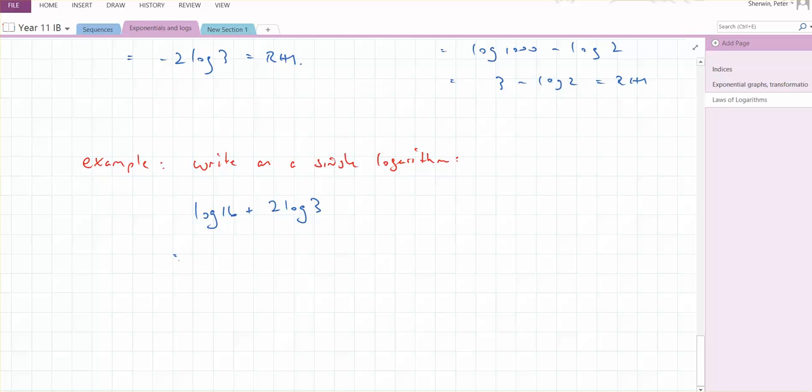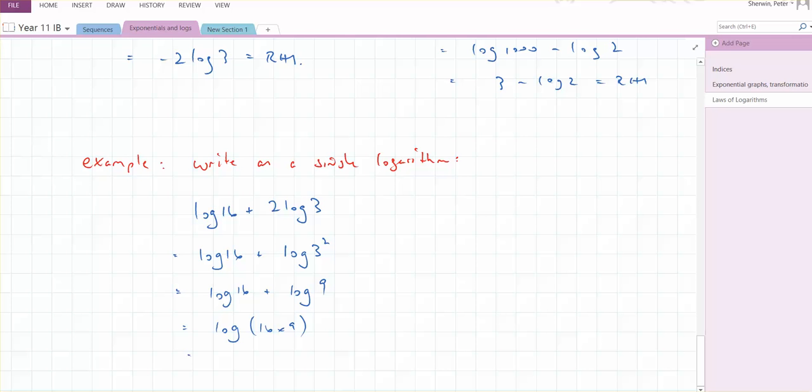What we're looking to do here is utilize those log laws. We can unplug this one to get log 3 squared. So that's log 16 plus log 9, and that is log of 16 times 9.